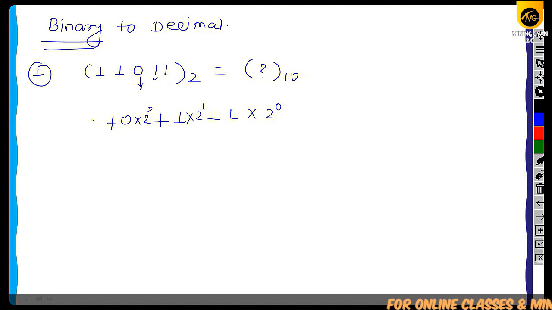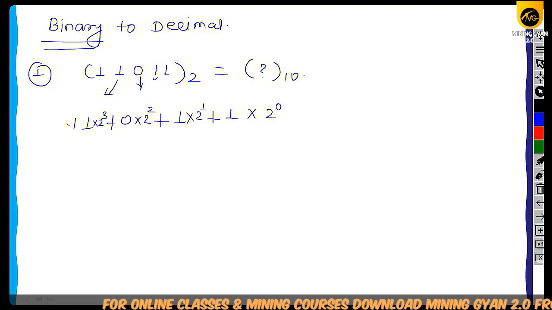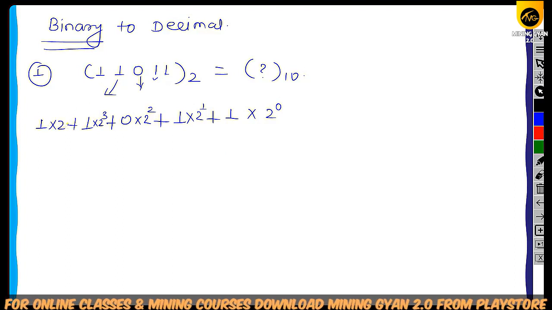Now the next digit is again 1, 1 into 2, power 3, that is cube. Now the last digit is 1, into 2 to the power 4.